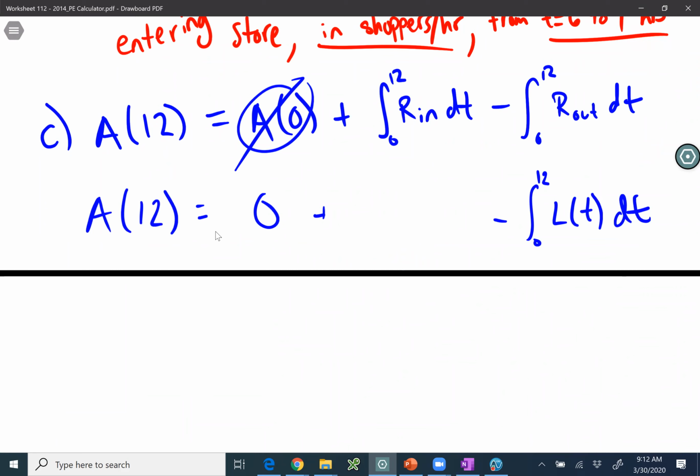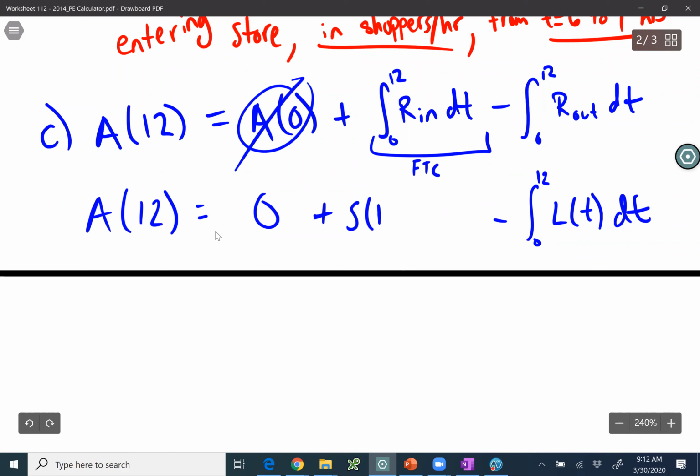Now, for the rate in, we kind of have two different choices because remember, S of t was not the rate in, S of t was the amount. Well, if we apply FTC, we could change this whole thing to S of 12 minus S of 0.